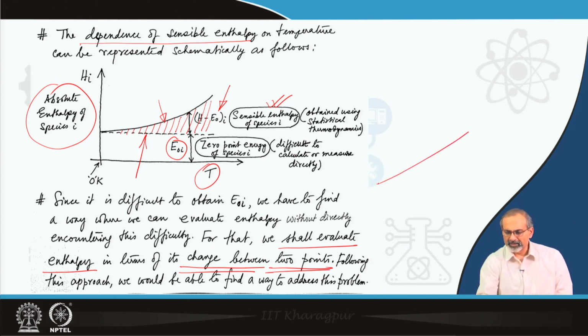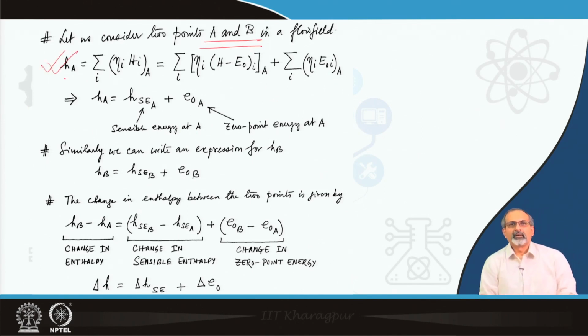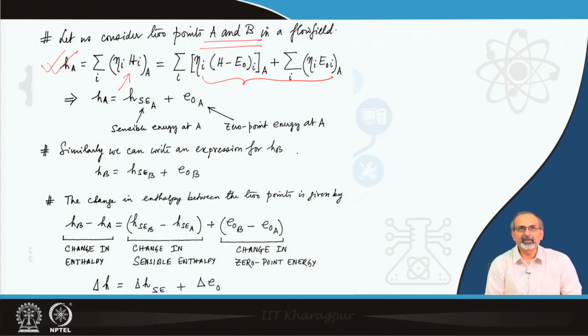So, when the flow moves, you have 2 points 1 and 2, and you try to define the thermodynamic parameters at these 2 points and take their difference and try to approach the problem. So, we call those 2 points as, let us say, A and B in a flow field, and we write down the enthalpy at the point A as a summation of eta I H I summed over all species at that point A, and then that brings in the expression for enthalpy in terms of the 0 point value as well as the sensible part.